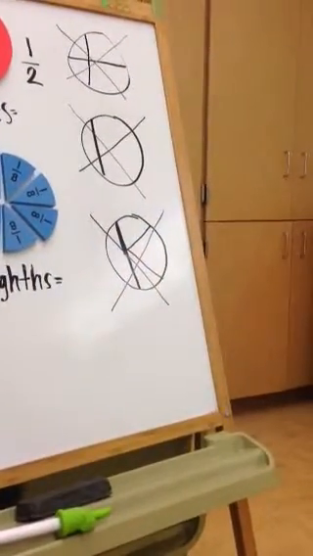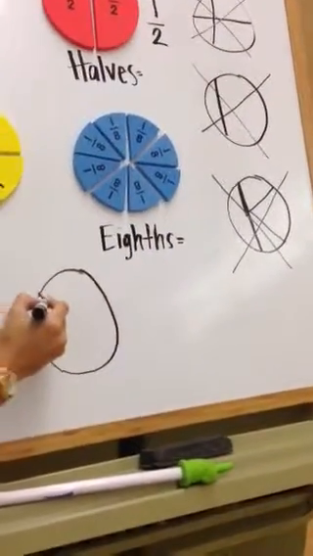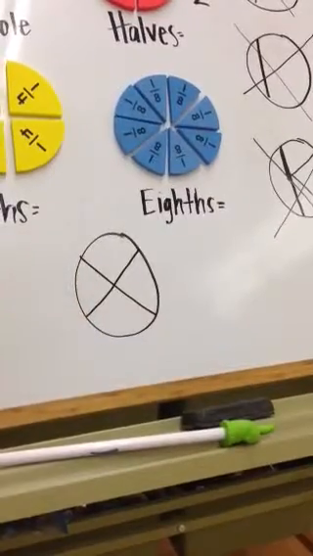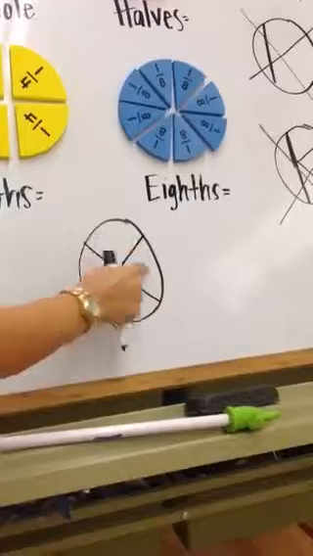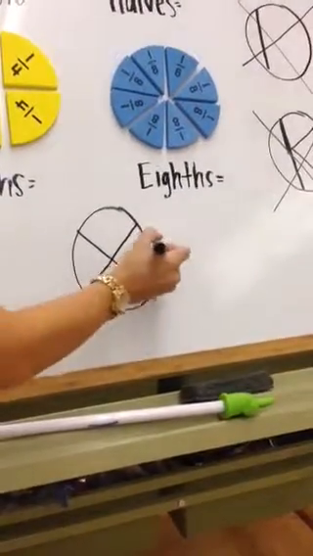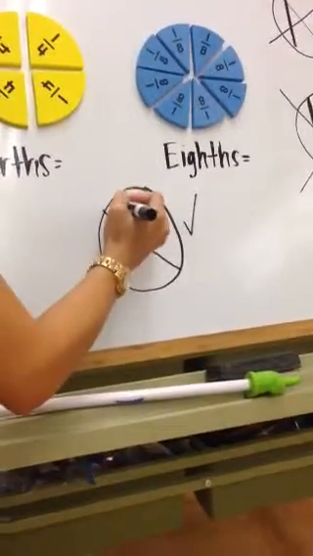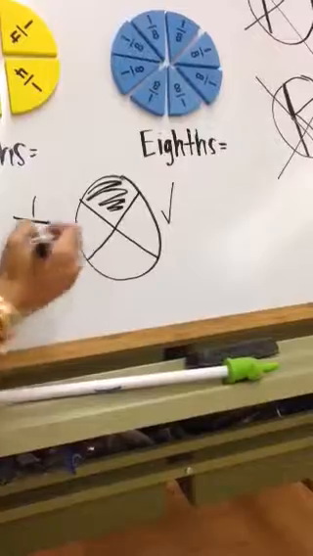Okay, let's try another one. If I cut my circle like this, are my parts equal? Yes, and there are 4 equal parts, and so this would be a fraction. And this, if I shaded one, it would be 1/4.